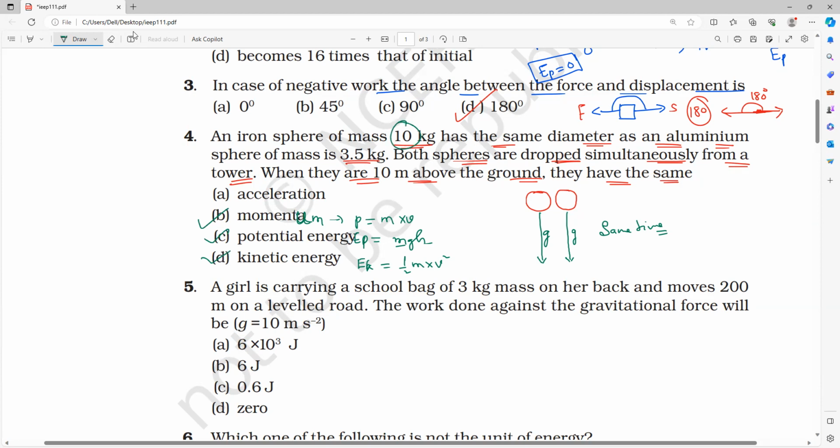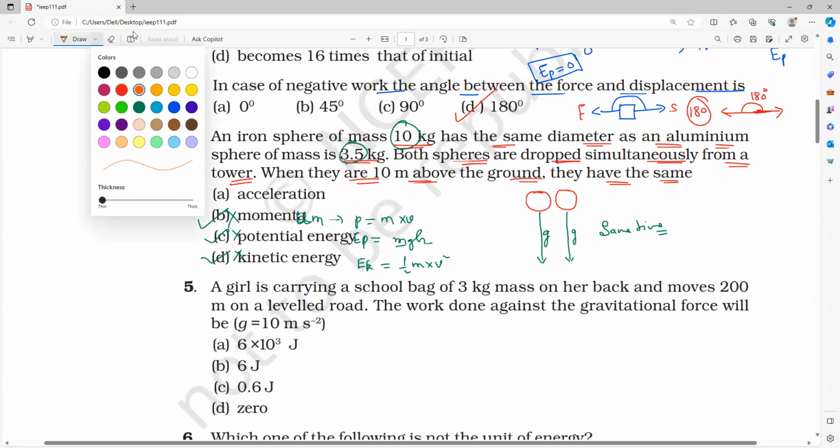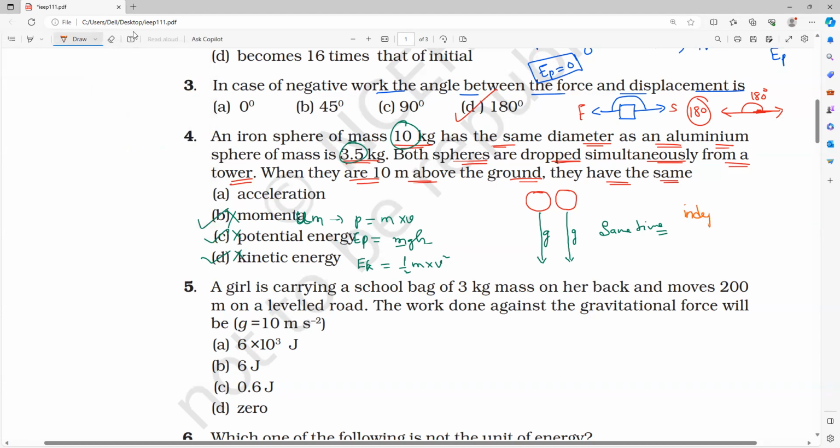As mass is different, they will never be the same. What is independent of mass? Acceleration due to gravity. Independent of mass, the g value is always 9.8 meter per second square. So acceleration remains constant, but velocity does not. That is why the correct answer is acceleration. Clear everybody?